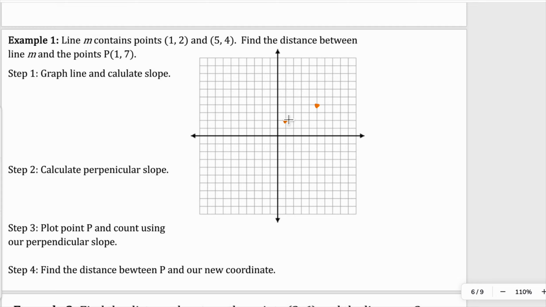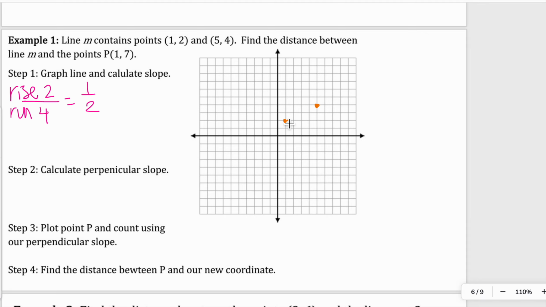Now, in order to calculate the slope, we can do rise over run. So it looks like we have rise 2, run 4, which means my slope is going to be 1/2.